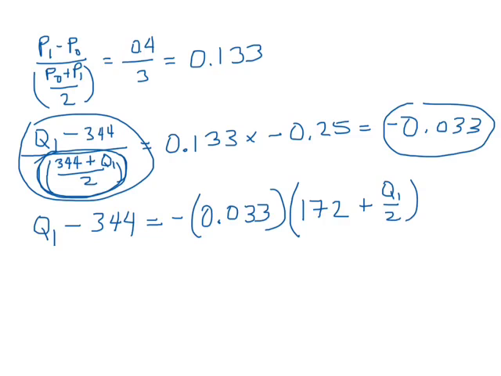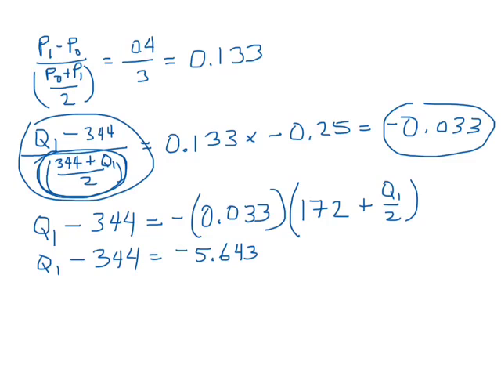And yeah, you're going to have to use your calculator for this, but ultimately it's not that hard. It's about freshman, sophomore year in high school math, which, yeah, it's a little bit tedious, but I know you guys can do it. So I'm going to just simplify this expression on the right-hand side and then group terms, and then we'll be done. 344 equals, when I multiply all this out, I get 0.033 times 172, according to my calculator, is negative 5.643.